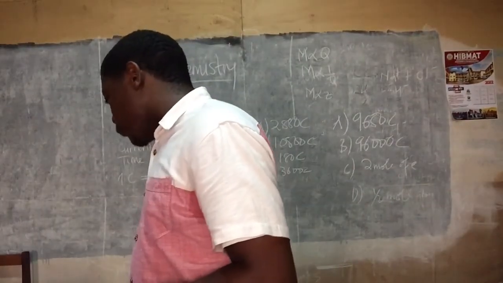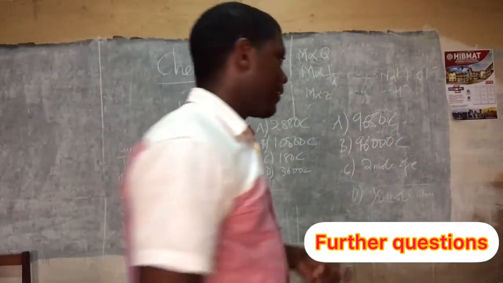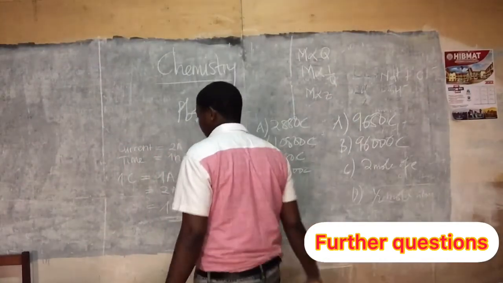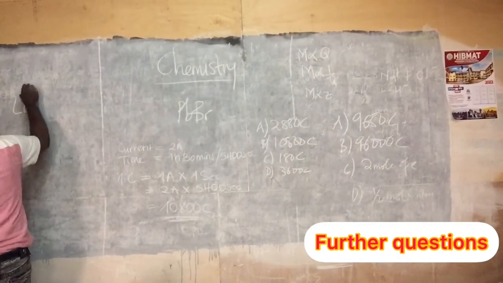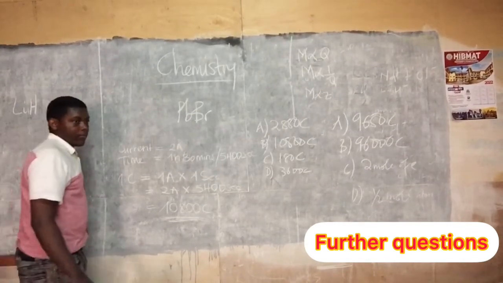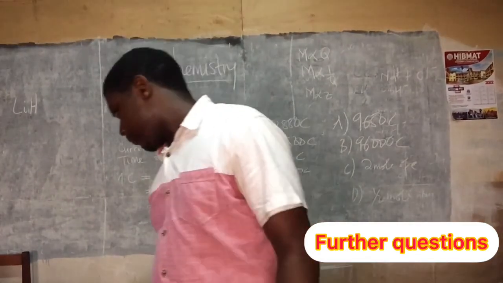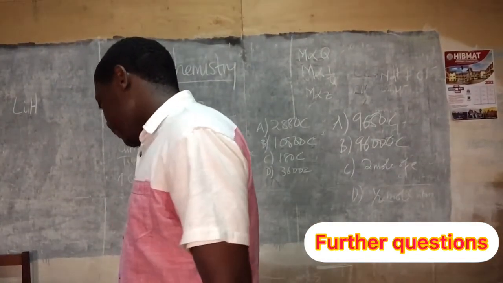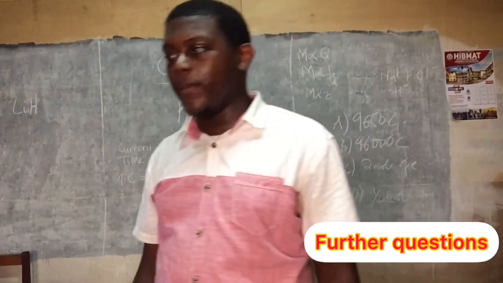If a current of 2 ampere is passed through molten lithium hydride for 20 minutes.